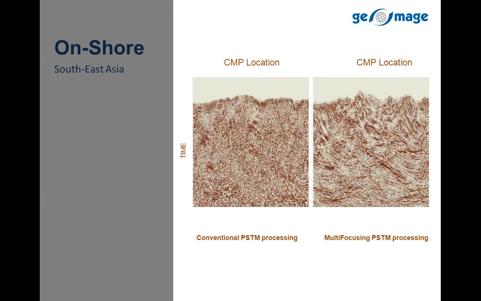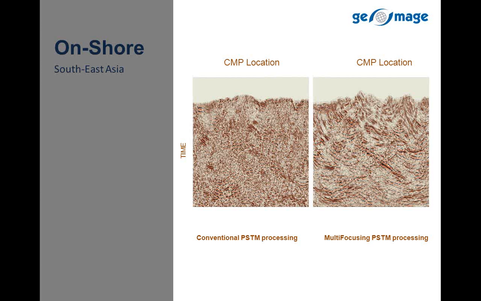enhanced gathers. Second, the multifocusing approximation, although it is very similar to the conventional one, has differences because it operates not with the so-called migration velocity, but with the wavefront parameters estimated at the first stage. And the last point is the topography.